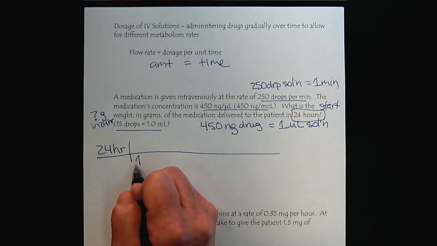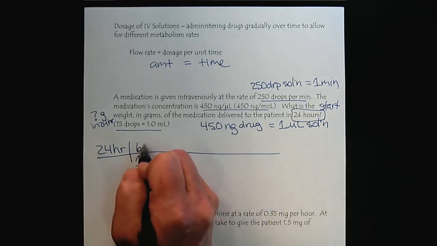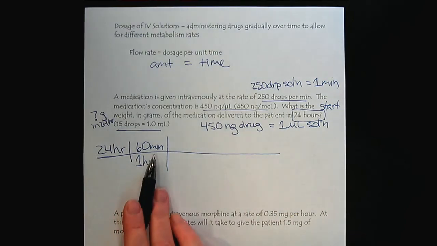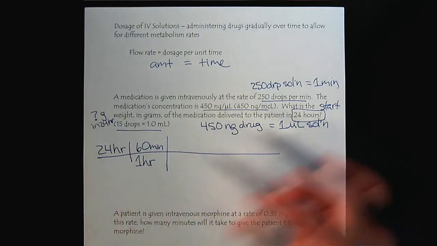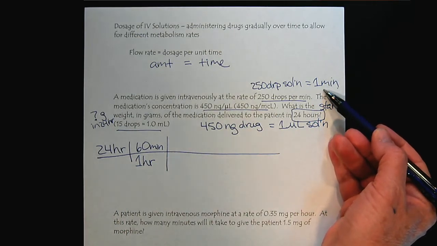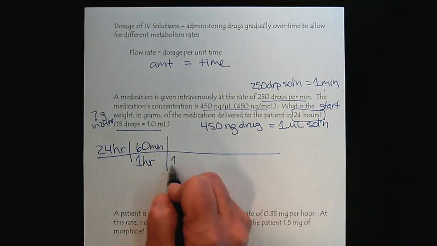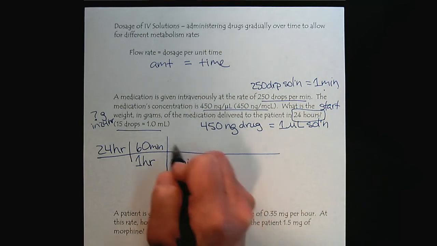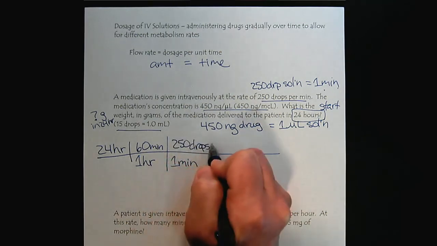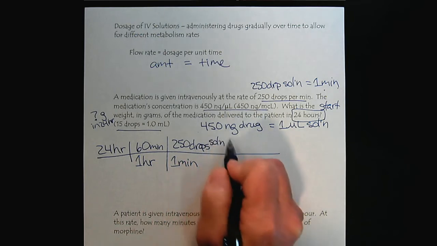But we know that for every hour, there are 60 minutes. Now that we've converted into minutes, we can connect into the IV solution through its drop rate. So the question tells us in each minute, 250 drops of solution will flow into the patient.